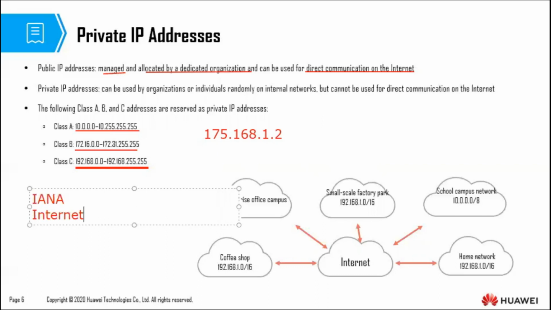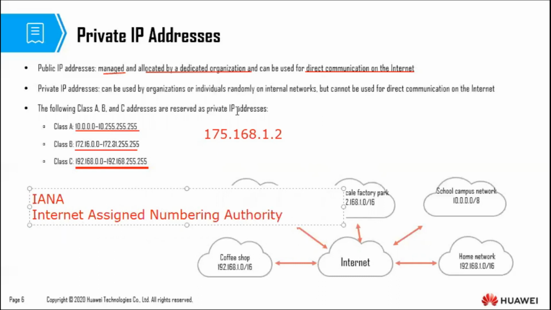If I'm not wrong, is it Numbering Authority? Something like that. IANA is the one that is used to manage public IP addresses. Normally, the world has been divided into different regions so that IP addresses can be allocated in terms of blocks, so that we have continual allocation of blocks.